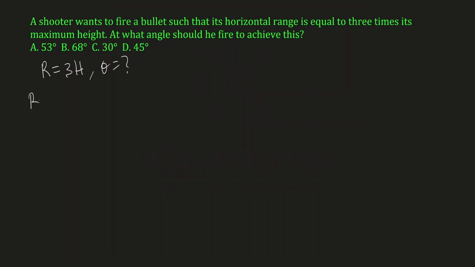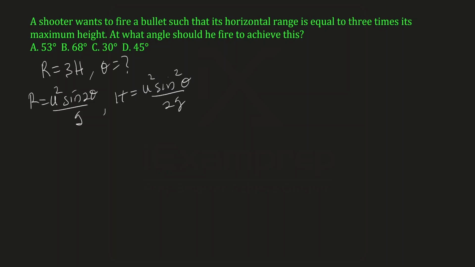So the formula for range is u squared sine 2 theta over g. The maximum height is u squared sine squared theta over 2g.